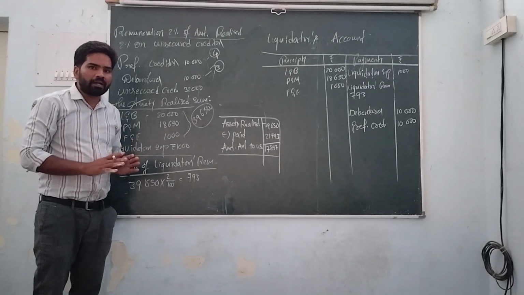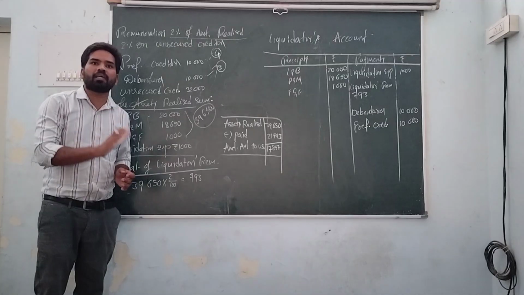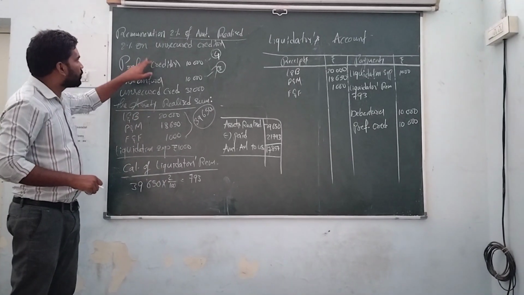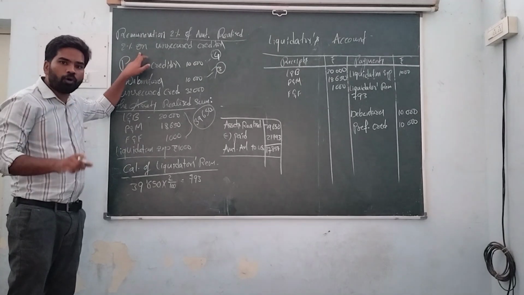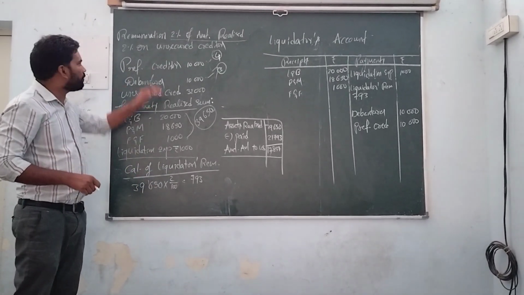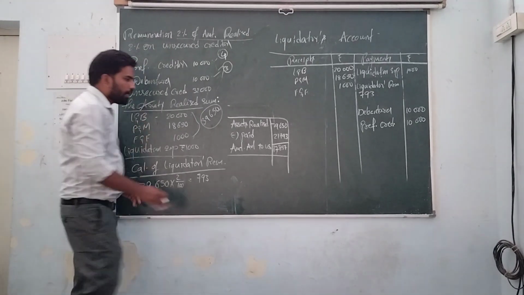Before paying back the unsecured creditors, we have to calculate commission on the amount available to unsecured creditors. I repeat, before paying the debt to the unsecured creditors, we have to calculate commission. Okay.